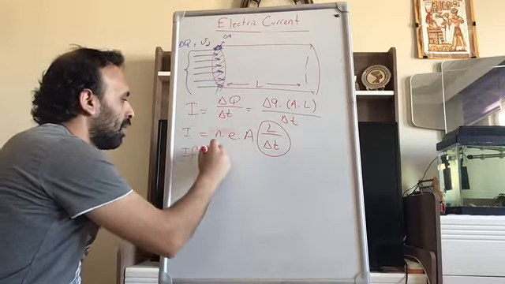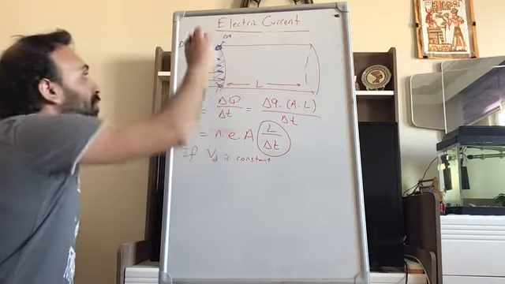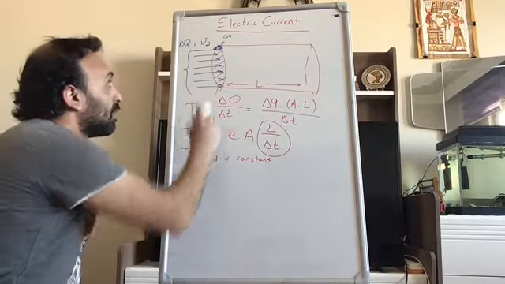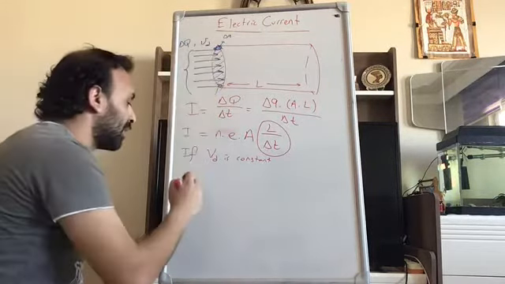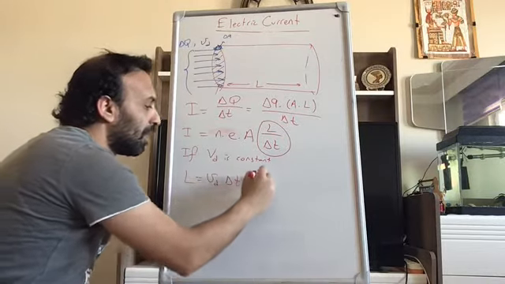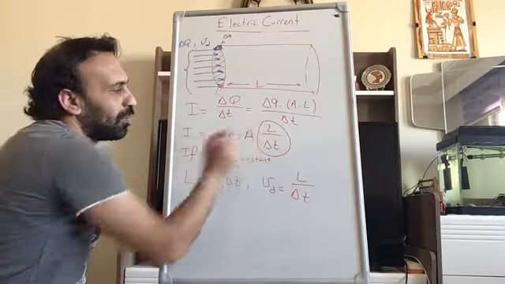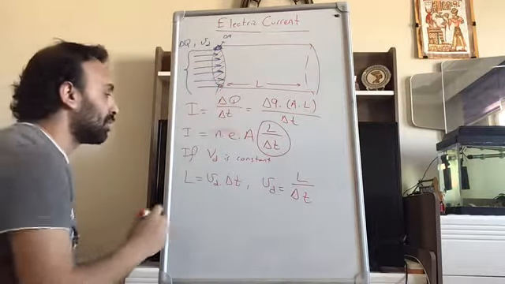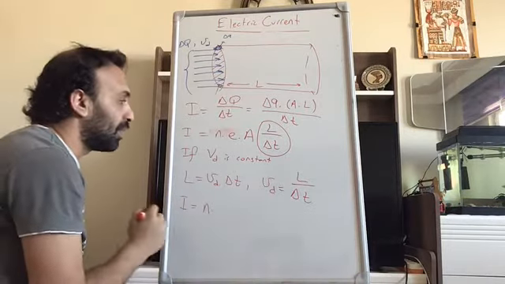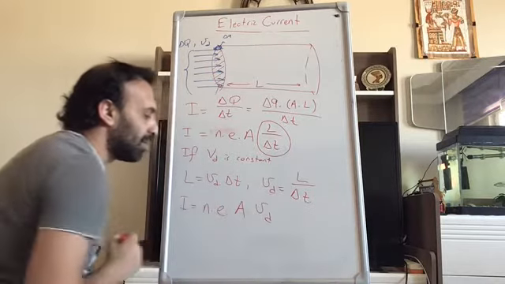If Vd is constant, an electron comes from this point to this point at the time delta t, so L will be equal to Vd times delta t, or Vd will be equal to L over delta t. So this term is nothing but the velocity of the electrons, so I can write the current in terms of the number of them, their charges, the cross-sectional area times their velocity.